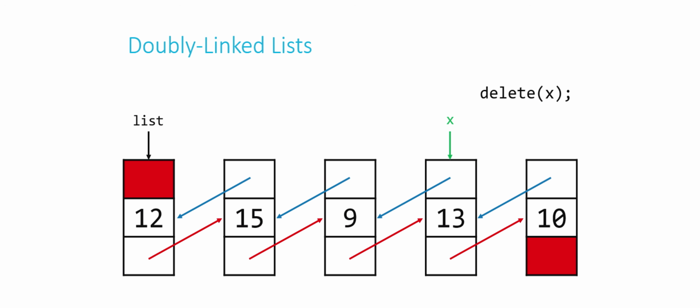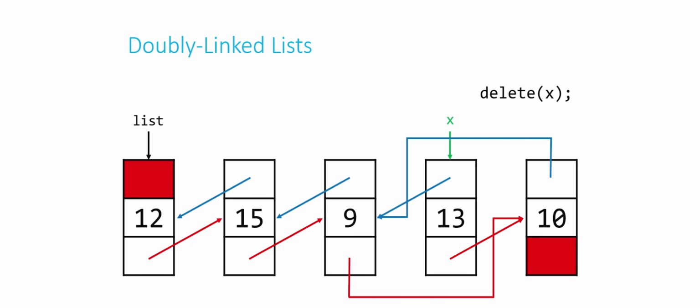So we can say 9's next pointer points to the same place that 13's next pointer points right now, because we're eventually going to want to skip over 13. So wherever 13 points next, we want 9 to point there instead. And then wherever 13 points back to, whatever comes before 13, we want 10 to point to that instead of 13.